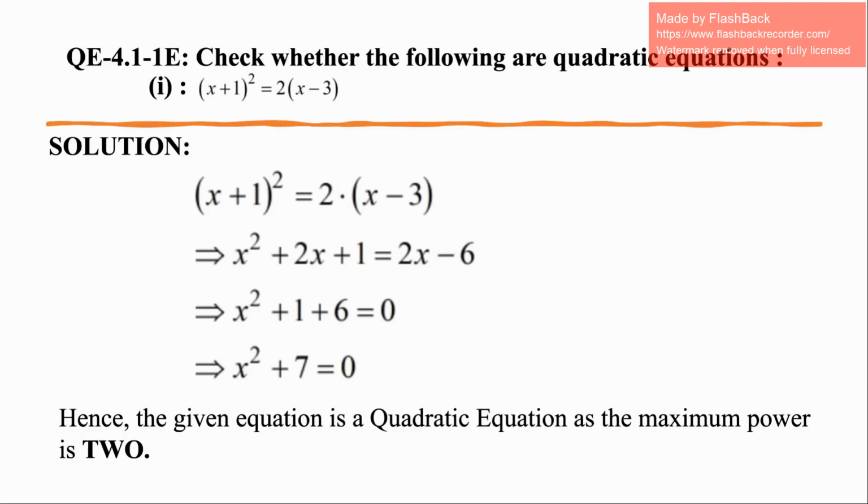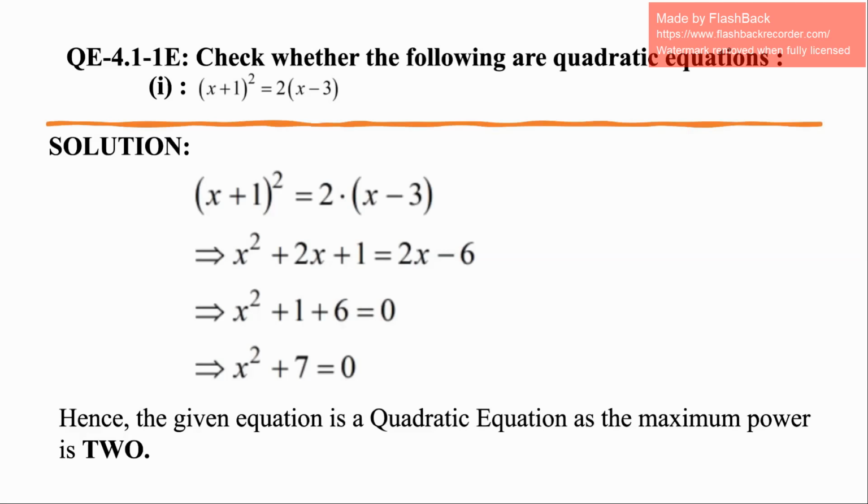The first term will be x square, plus the second term will be 2 into the first term x and the second term 1, so 2 into x into 1, and the product will be 2x.